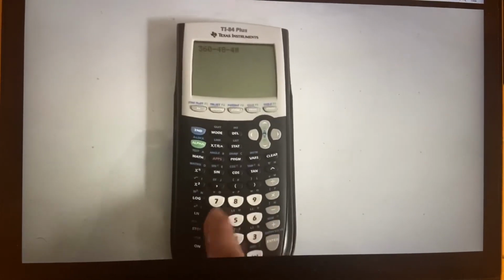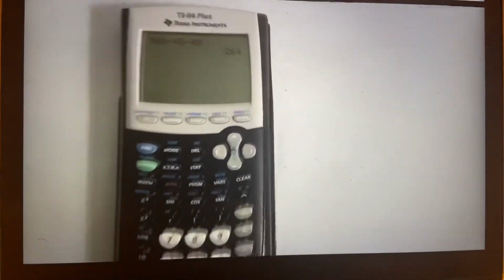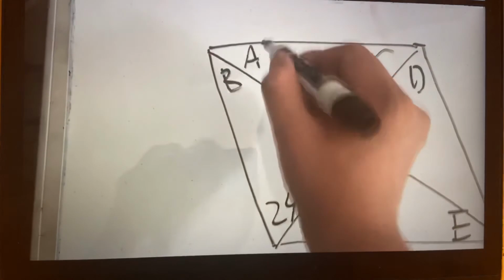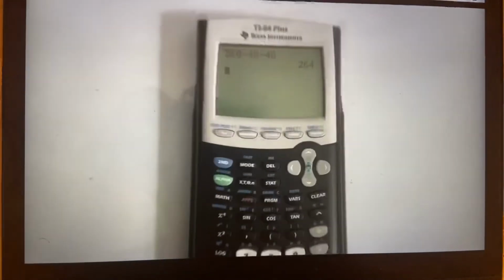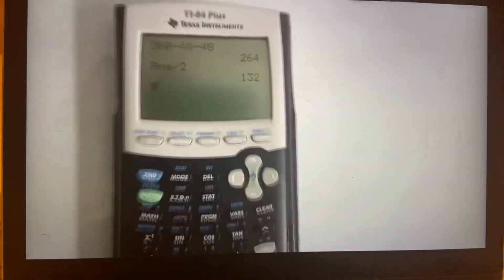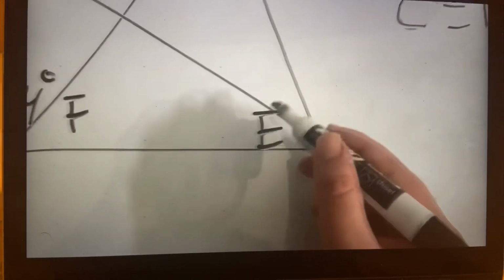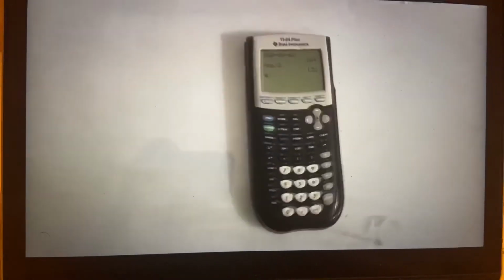So we have 360 minus 48 minus 48 is 264. So this angle along with this entire angle should add up to 264. So let's divide that by 2 and say that this whole angle and this whole angle adds up to 132.